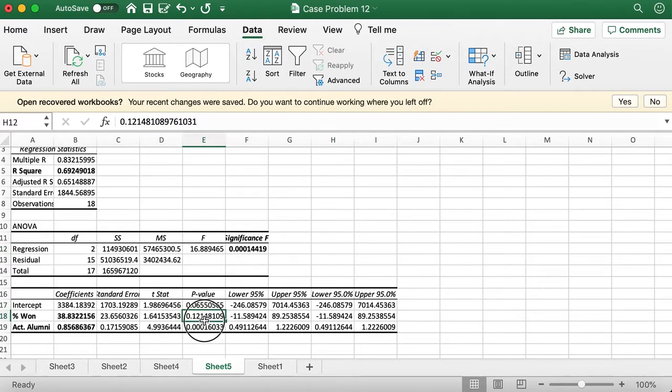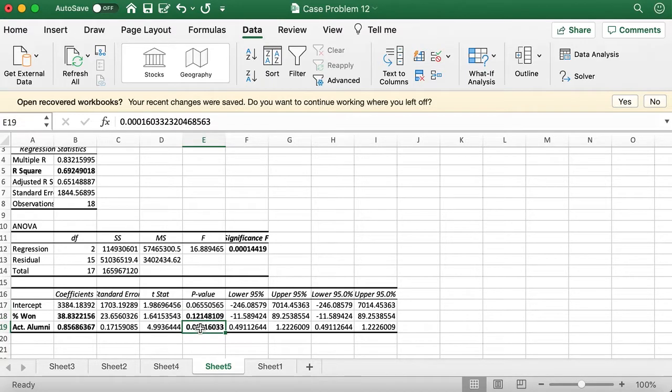But when we look at our p-values, for the percentage of games won our p-value is greater than 0.05. So the relationship between that and the amount of sales in a given season is non-significant. It can be attributed to chance.